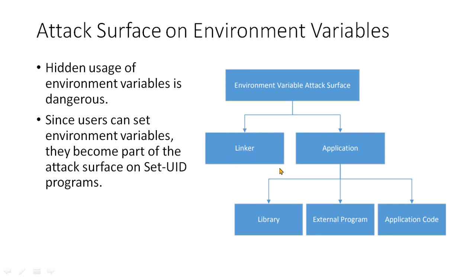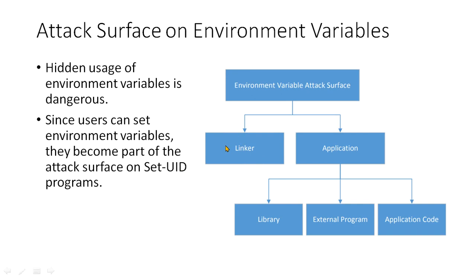It appears when we compile a program. When we compile a program with GCC, GCC actually uses a linker. A linker is a module in GCC that links different object files together to make a binary executable program.